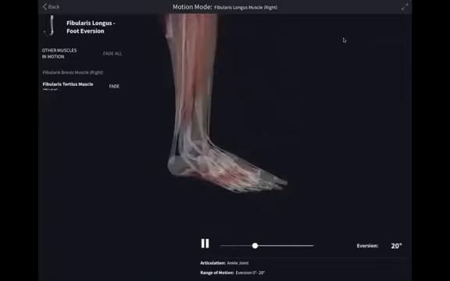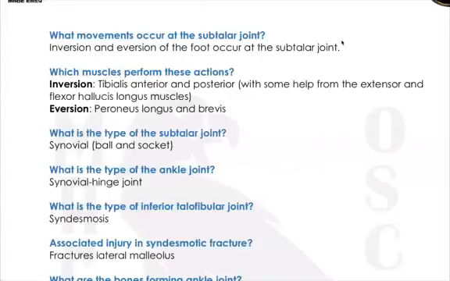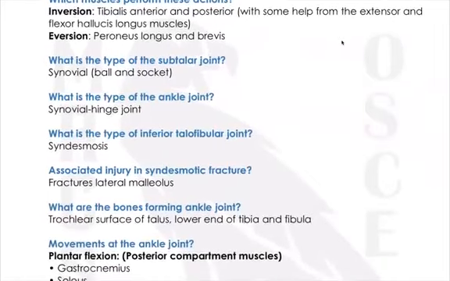So about the muscles, mainly the inverters are the tibialis anterior and also the posterior, but eversion is done by the peroneus longus and brevis. About the type of joints, we have already talked about that. But mainly, what is the type of the ankle joint? This is a synovial hinge.